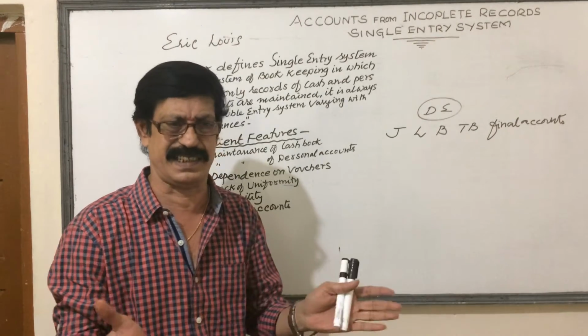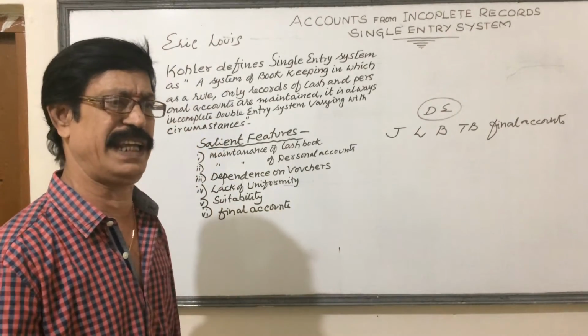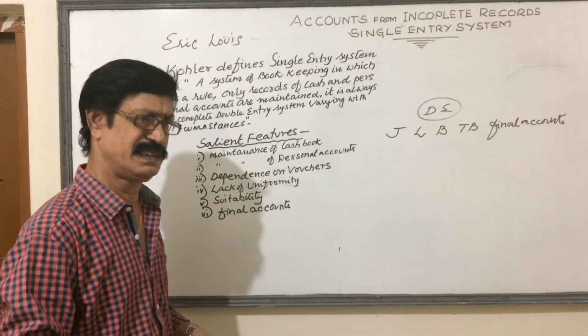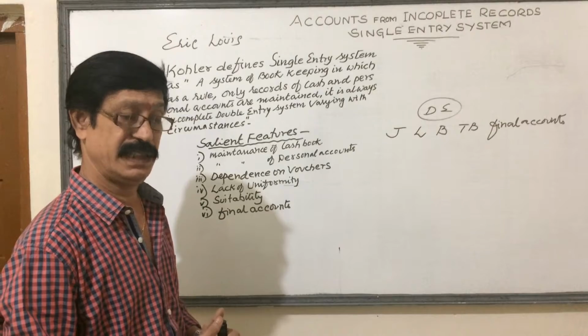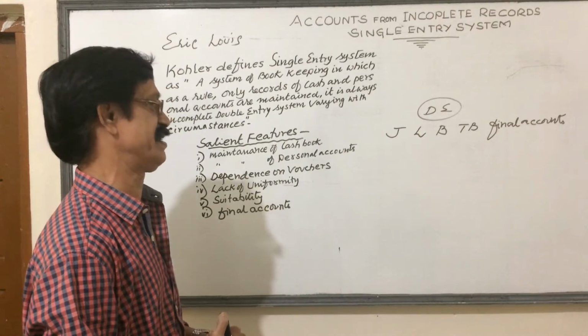We will change the systems. So we will record only a particular type of transactions, and that also in part only, not in two aspects. Then we can say it is called a single entry system.